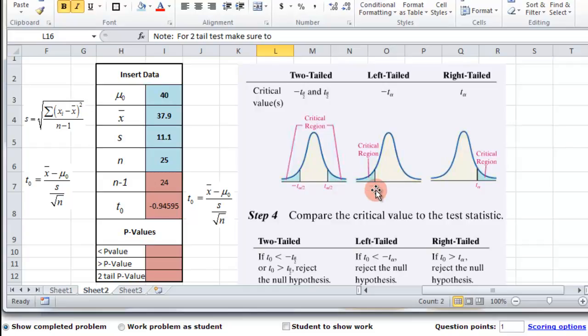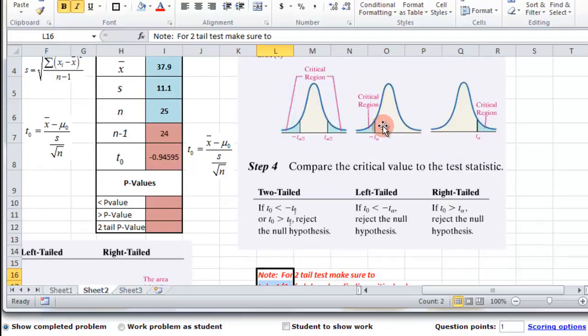When you're doing a left-tailed test, make t negative, and then check if our t-statistic is less than that negative t critical value. If it is, we reject the null hypothesis. Negative 1.711 is not less than that. Less would be further to the left, like negative 2.